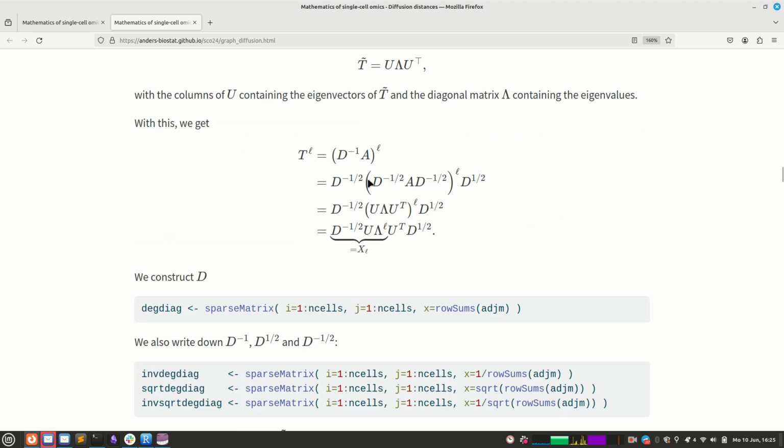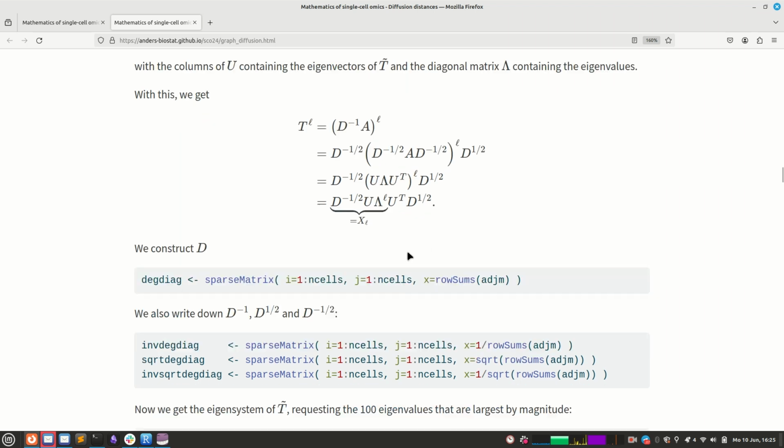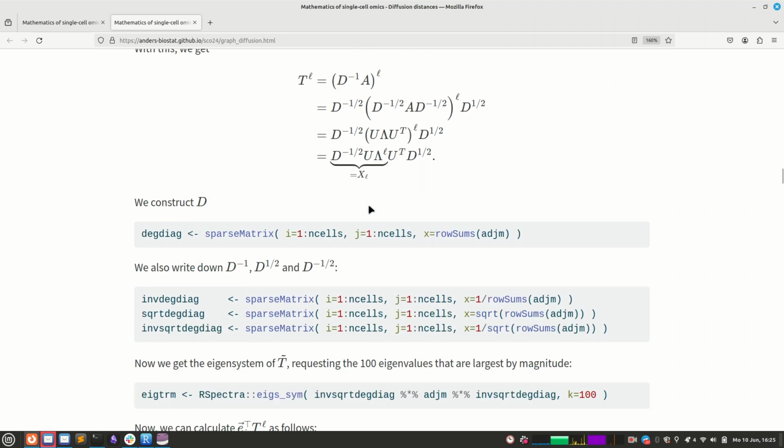You might remember this from last time. We expanded this in that manner, and then said this part in the middle is a symmetric matrix which we can diagonalize, with the eigenvectors and eigenvalues of this symmetric matrix, and we get this thing. This is more or less where we stopped.